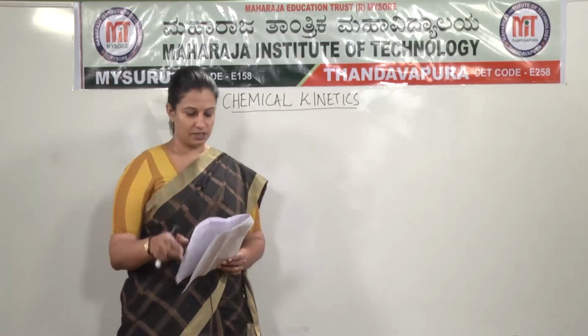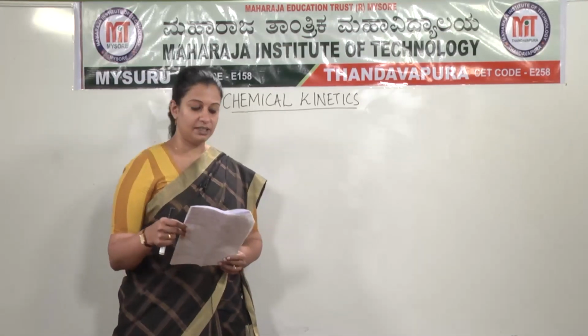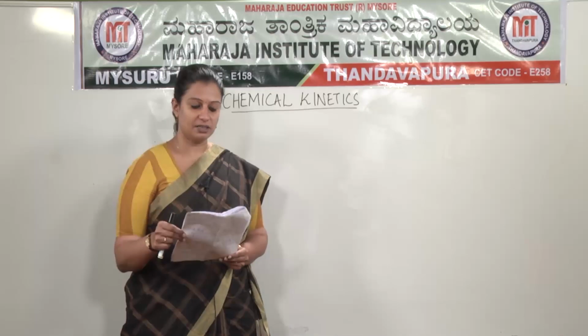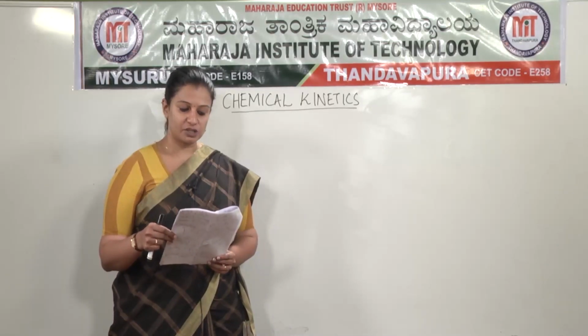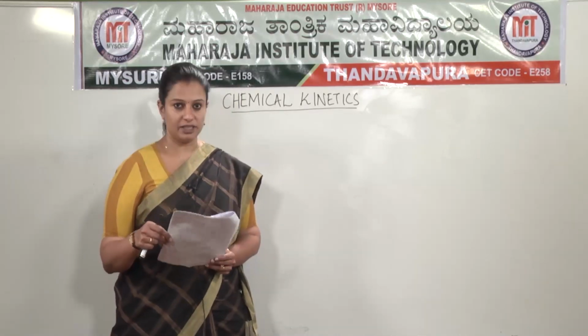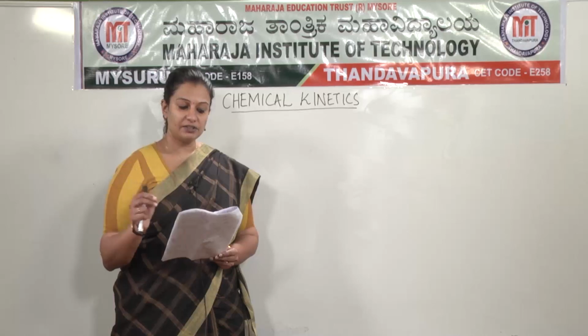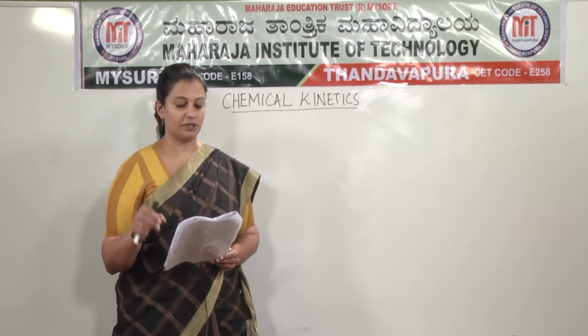You have the questions in front of you, so have a look at that. The first question says, in Haber's process, which is N2 plus 3H2 giving 2NH3, the rate of reaction was measured as 2.5 into 10 to the power minus 4 mole liter inverse second inverse. The rate of the reaction expressed in terms of hydrogen will be, that's what you have to find out.